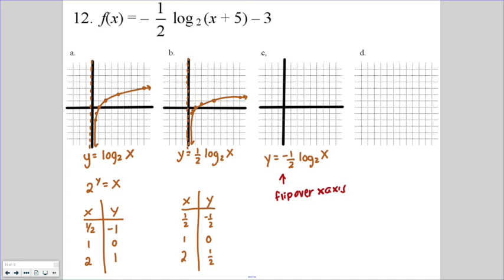So that first point, which is 1/4, -1, is going to go to 1/4, +1. And then the point 1/2, -1/2 is going to go to 1/2, +1/2. 1, 0 stays the same. And then we've got 2, 1/2 is going to go to 2, -1/2. And then we have 4, 1 is going to go to 4, -1. And then that last point is going to be 8, -1.5.